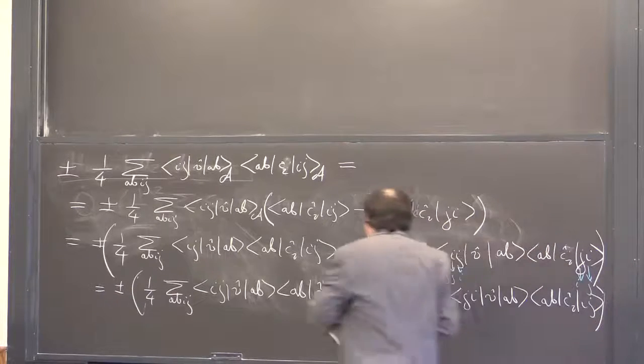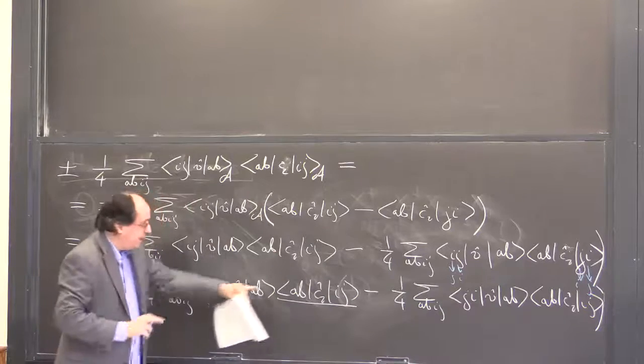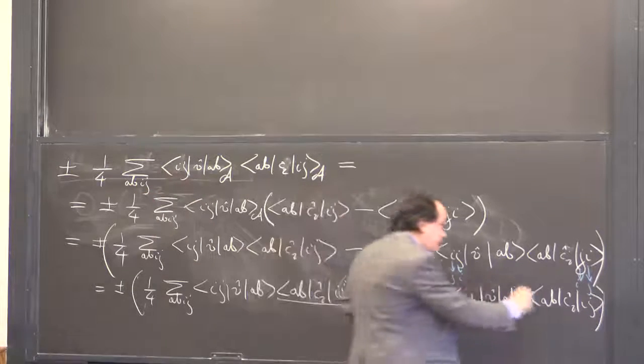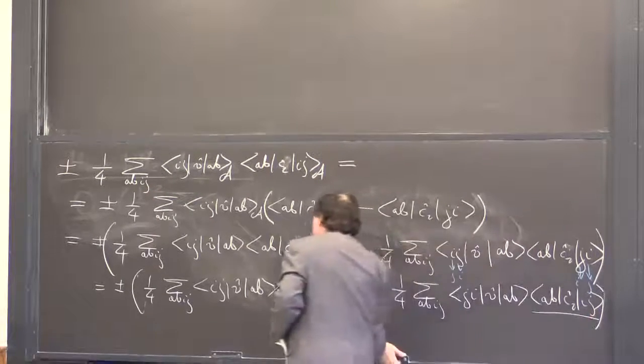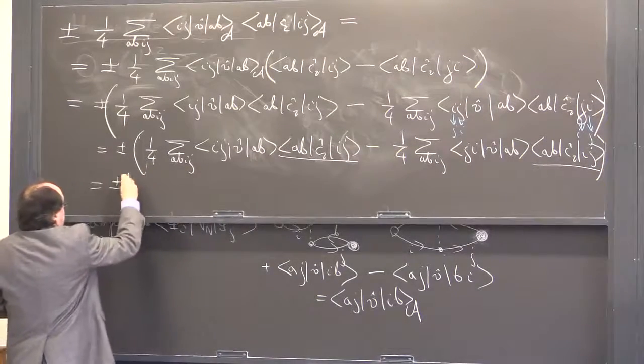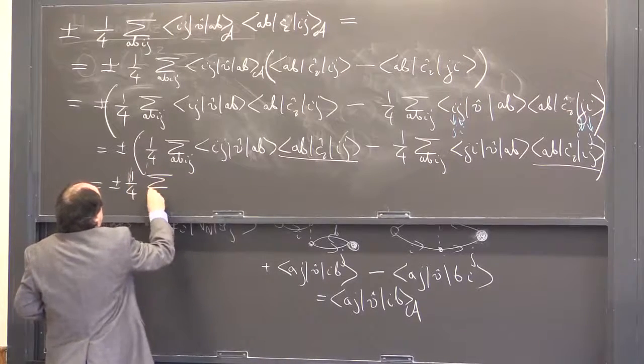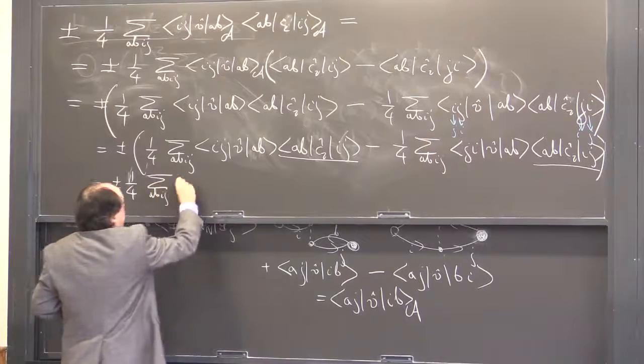And now of course you can see that by this relabeling, the C2 parts are identical. So I can write it back together. I get plus or minus 1 over 4 sum over AB ij.